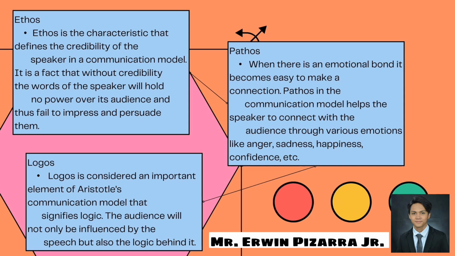Next is pathos. When there's an emotional bond, it becomes easy to make a connection. Pathos in the communication model helps the speaker to connect with the audience through various emotions like anger, sadness, happiness, and confidence. For example, motivational speakers tend to relate their experiences to their audience's experiences so that they can sympathize with them.